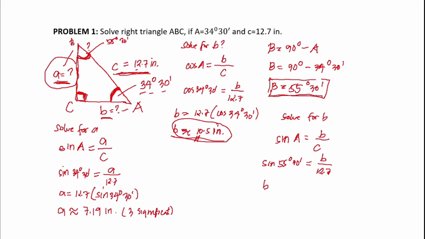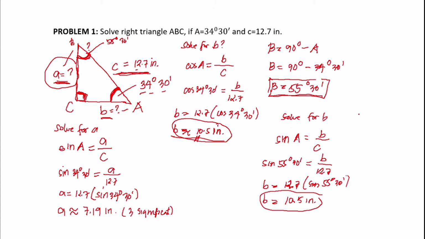So therefore B is equal to 12.7 times sine 55 degrees and 30 minutes. So B is equal to 10.5 inches. Still the same answer as when you used the given angle. It would not differ because when you subtract, the angle is exact.